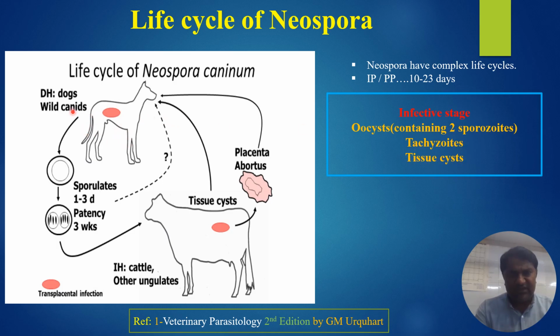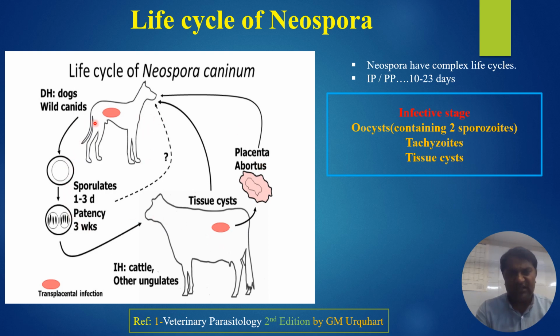So this is the definitive host, the dog and wild canids, and they secrete the aborted placenta. The tissue cyst is eaten by cattle or other ungulates, and then the dog sheds the sporulated oocyst, which is ingested by cattle, and the placental tissue cyst is eaten by the dog. So this is the life cycle.